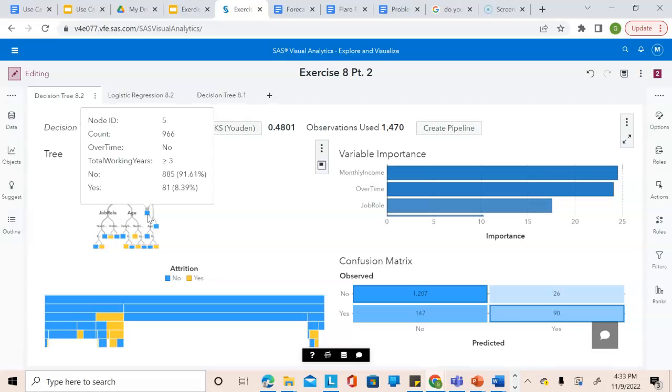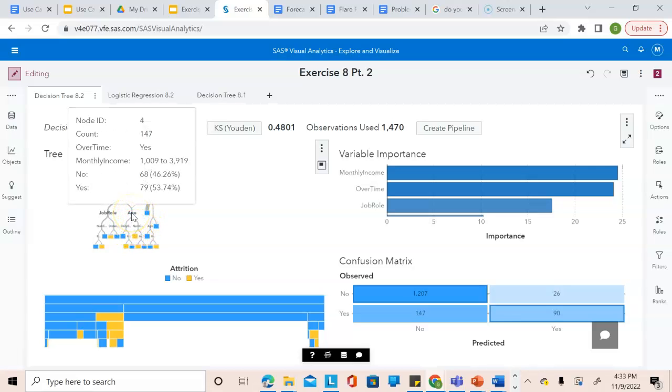And this is looking at overtime in relation to total working years. And we see that for yes, it is 8.39% that total working years of less than or equal to or greater than or equal to 3 and overtime being no.